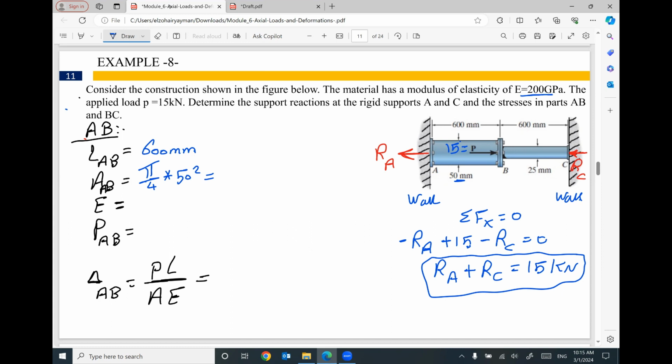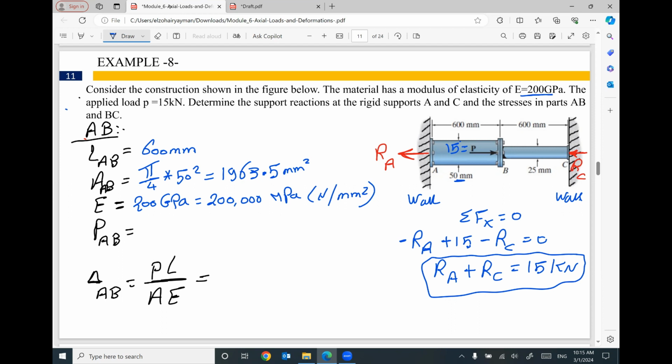Pi divided by 4 times 50 squared will give you, I'm sorry, 1963.5 millimeter squared. Let me check it one more time. Yes, 1963.5. The Young's modulus for the material will be 200 gigapascal, or you can convert it to 200,000 megapascal, which is Newton per millimeter squared.